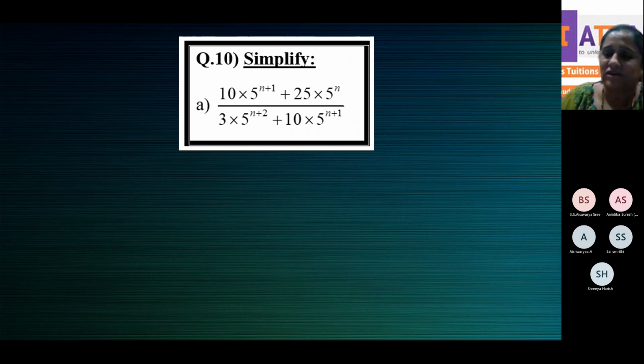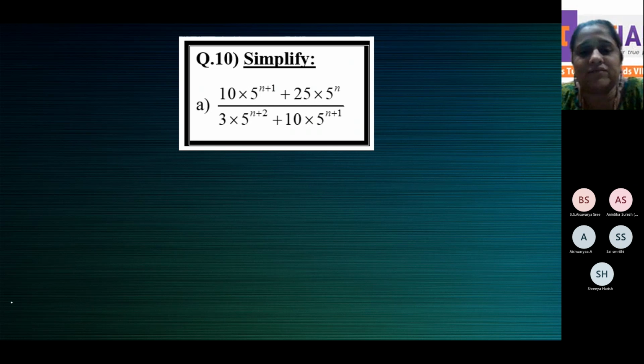Nothing goes waste. So this is from other books. You will not find questions like this in NCERT, but you can practice them. You may get questions like this in your exam, away from NCERT.